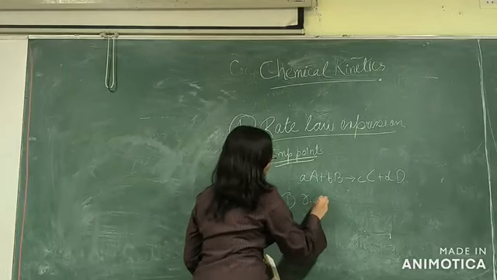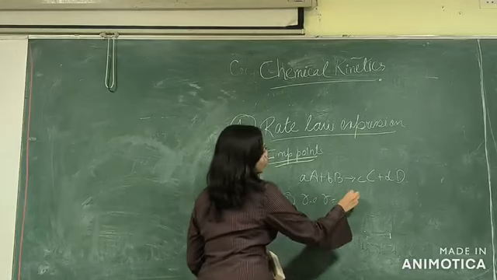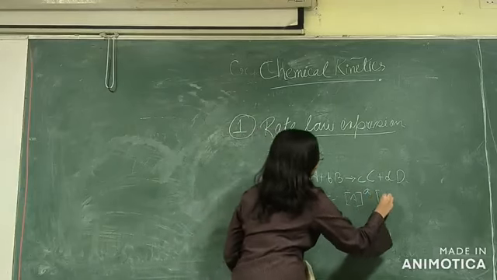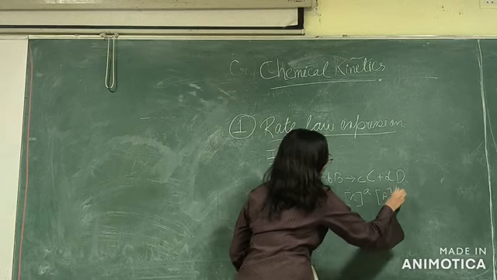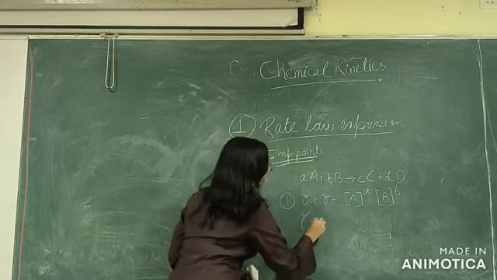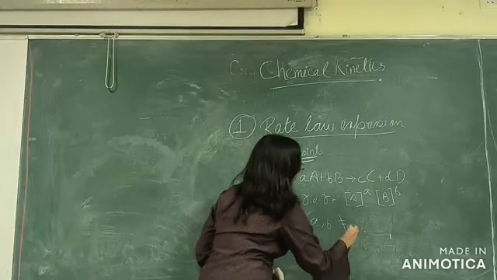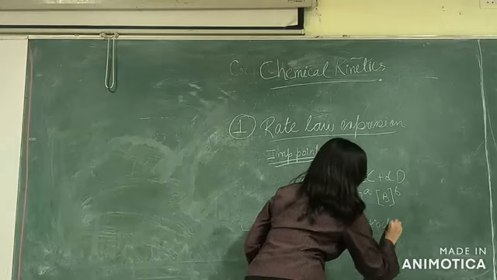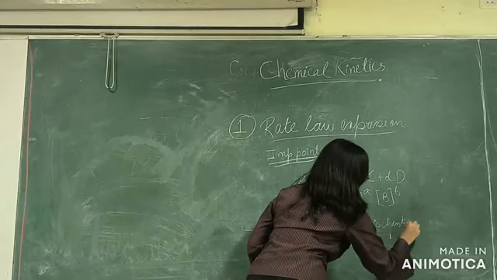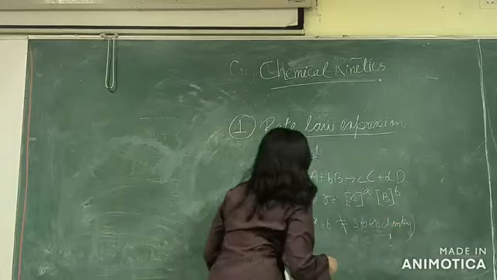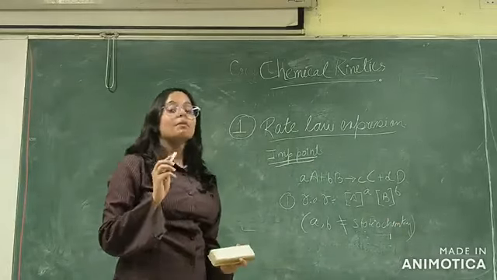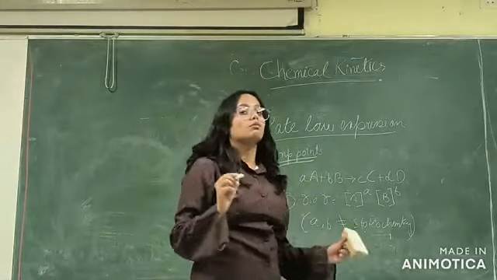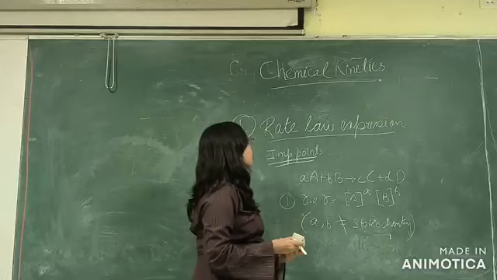The rate of reaction is equal to concentration of reactant to the power a and concentration of another reactant to the power b. And we have to keep in mind that a and b are not the stoichiometry here. But remember, if they ask the law of mass action, not the rate law, then a and b will be the stoichiometry.